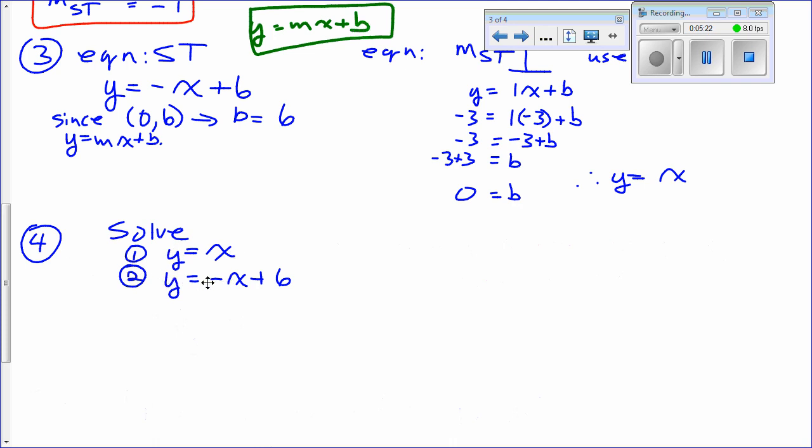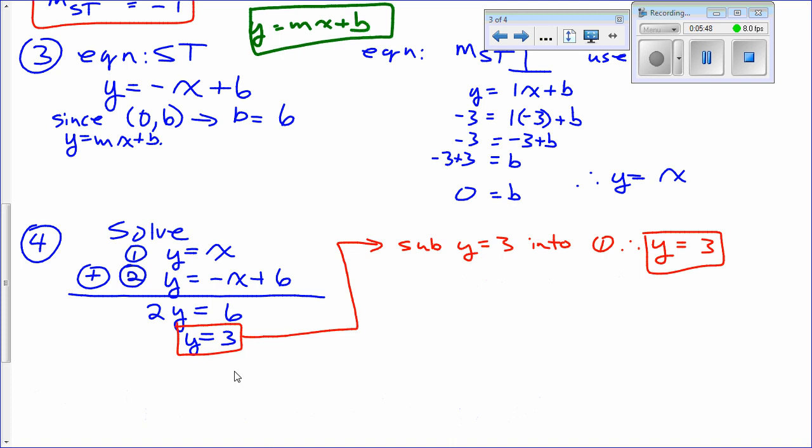Equation 2 is y equals negative x plus 6, based on our calculations from before. We're literally going to add them together. y plus y gives us 2y. Negative x plus x gives us 0. Then 0 plus 6 gives us 6. When we solve, we end up with y is equal to 3.